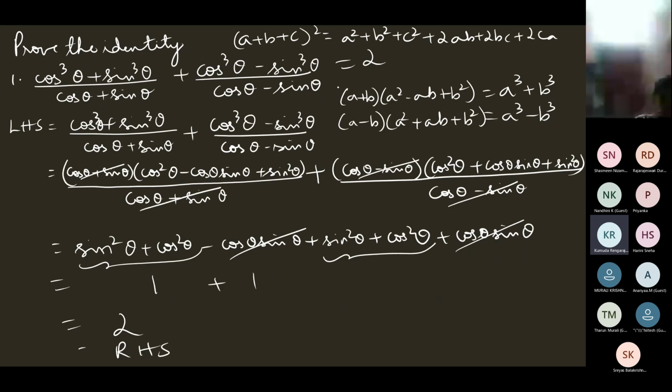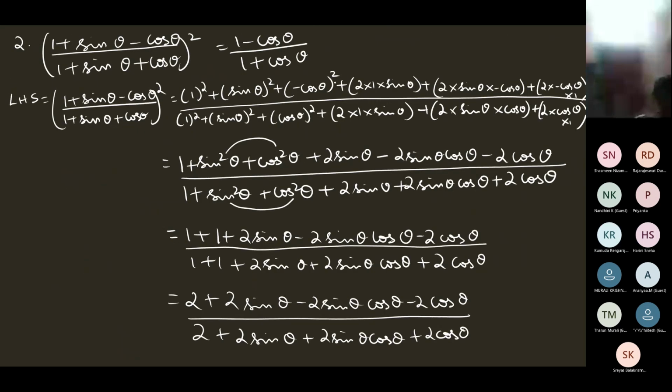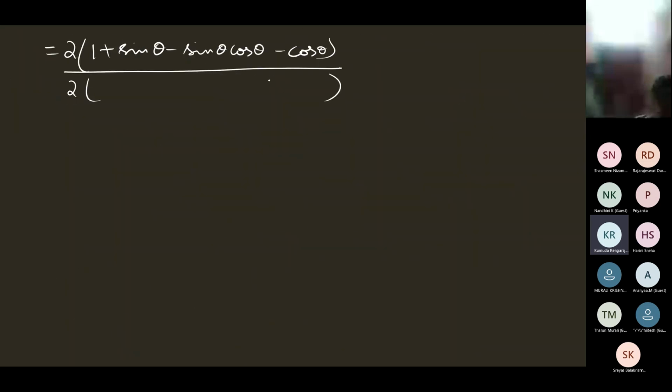I'll just check if the signs are correct. Yes, I'm right. So after taking 2 common, this is what we get in the numerator and the denominator.